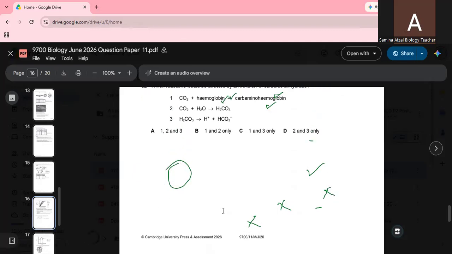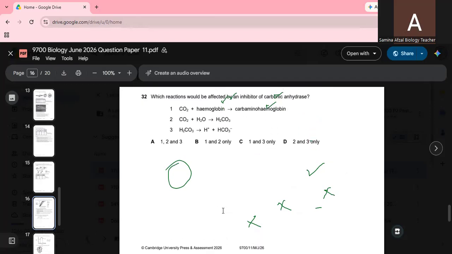So next, question number 32 is there. Which reactions would be affected by an inhibitor of carbonic anhydrase?